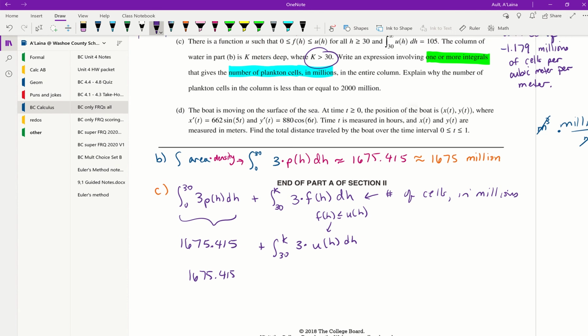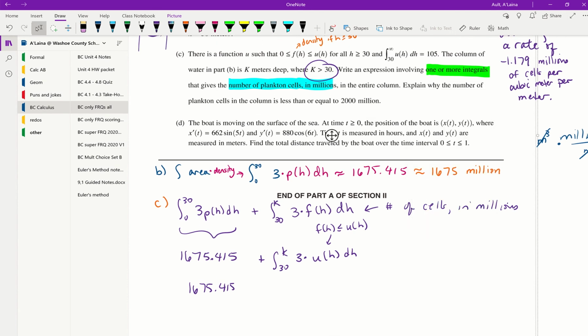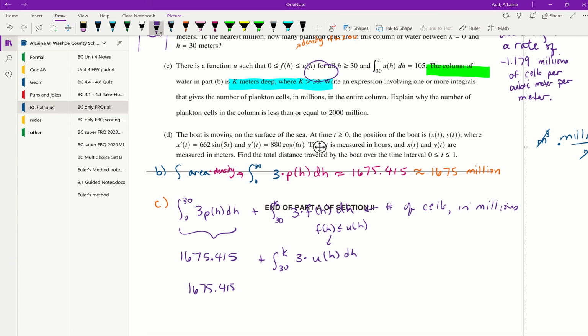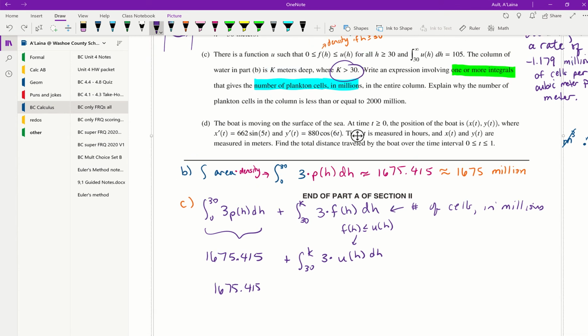They told us that the integral from 30 to infinity of u of h is 105. Well, if it's 105, then I would be able to use something even less than. Okay, so this is an overestimate. And I could even take that to infinity here if I wanted.